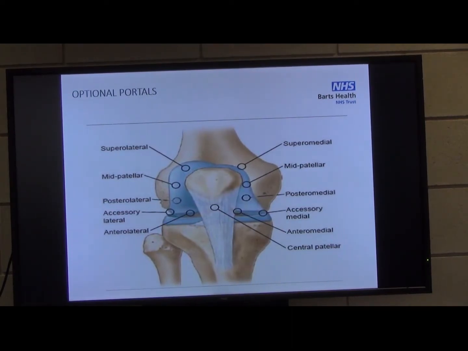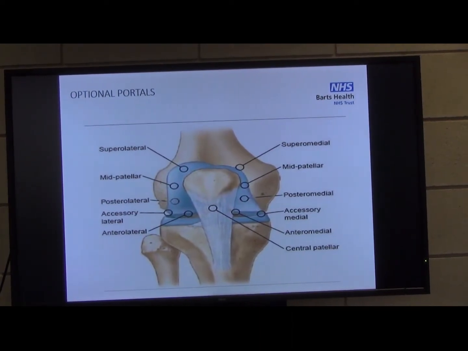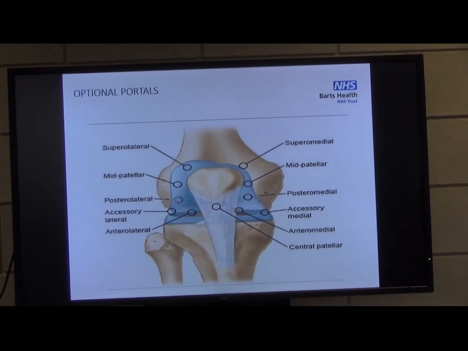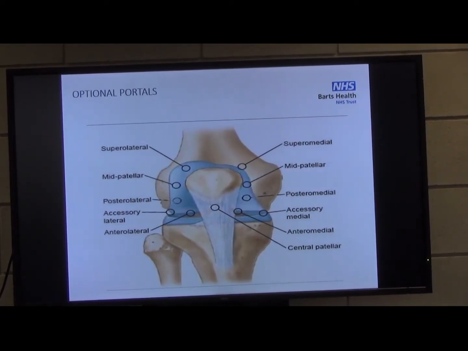So they are useful. I guess the point to mention here is that if you're going to use a posteromedial or posterolateral portal, you need to understand the anatomy around the back. So posteromedially you need to be careful with the saphenous nerve nearby, and laterally the common peroneal nerve, obviously.